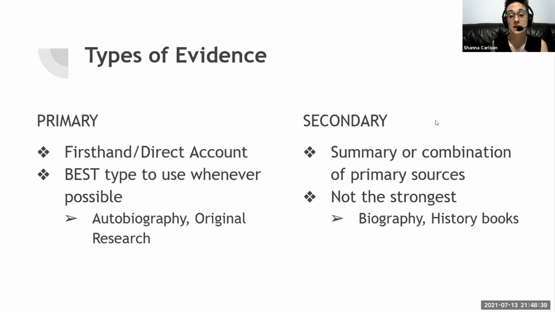But it's not the strongest because you have more levels of interpretation, more chances, especially if it has been taken from a bunch of different sources that are in different languages and all of them are translated by different people. You get things missed in translation. And so you have to just be very, very careful.